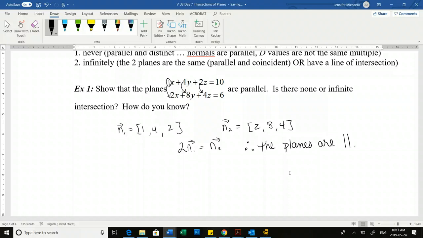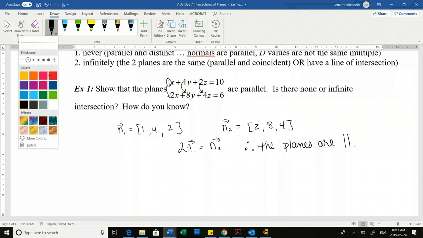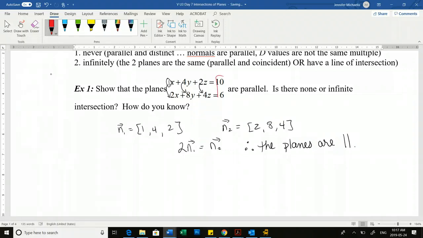This is super easy to do when we have an equation in scalar format. The constant part of our scalar equations, the 10 and the 6, if that follows along with the same scalar multiple as the normals do, they are parallel and coincident. If it doesn't follow along with the same scalar multiple of the normals, they are parallel and distinct.